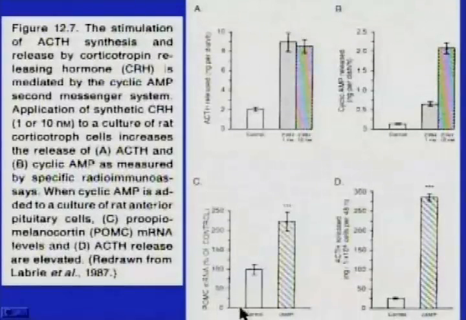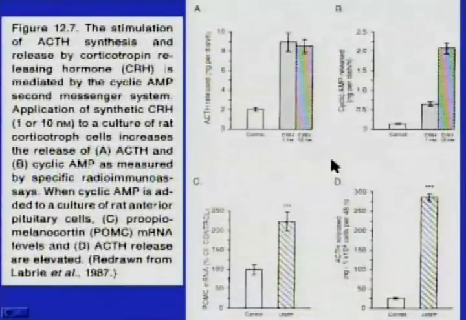The x-axis here has two treatments, control and cyclic AMP, which is added to the bath exogenously. The POMC messenger RNA levels are measured as percent of control. Control, of course, is 100%, and after adding cyclic AMP, the POMC messenger RNA levels are at about 220 or 225%, so a doubling, a twofold increase with reference to control.